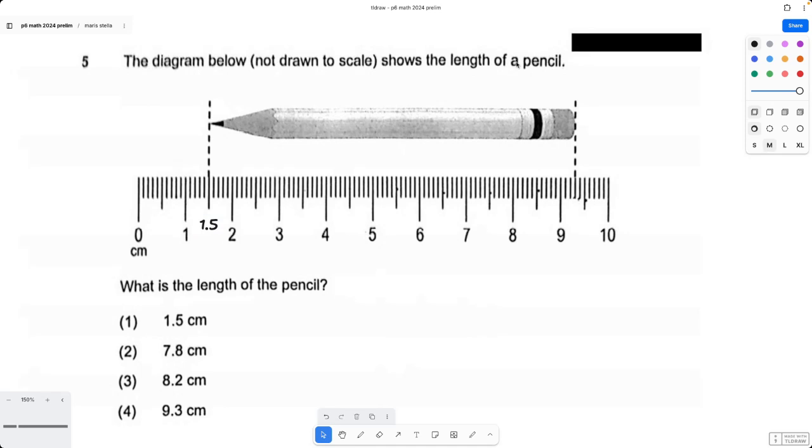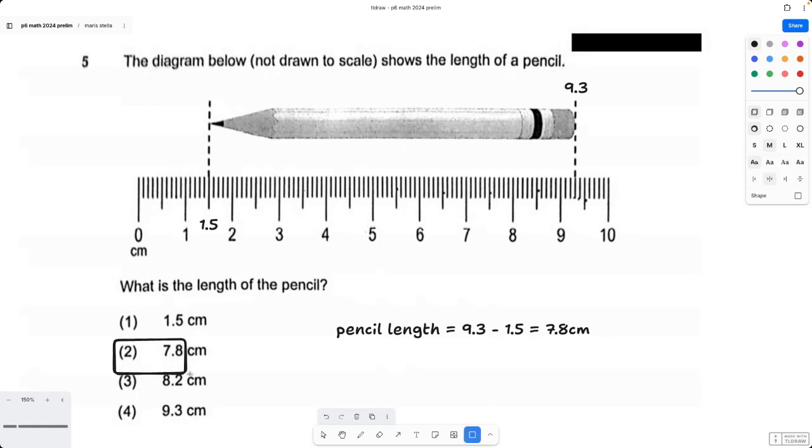So the pencil length is equal to 9.3 minus 1.5, which becomes 7.8 centimeters. So that means it's option number 2 over here.